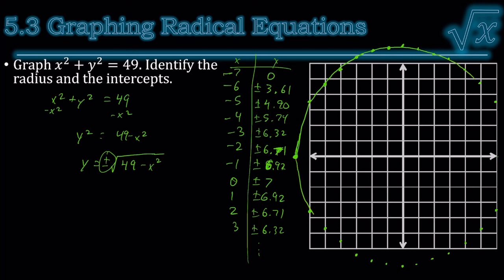So you can see this makes a circle. The radius of 7. Look at that. The square root of 49 is 7. So our radius was 7.